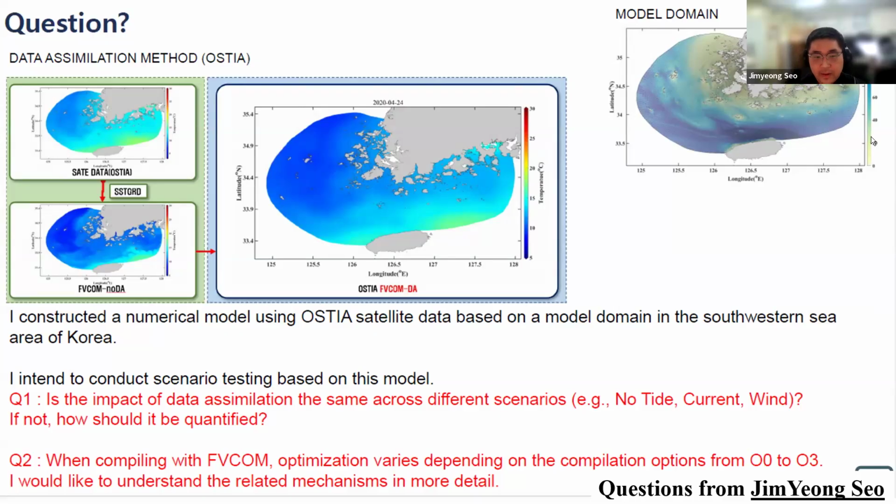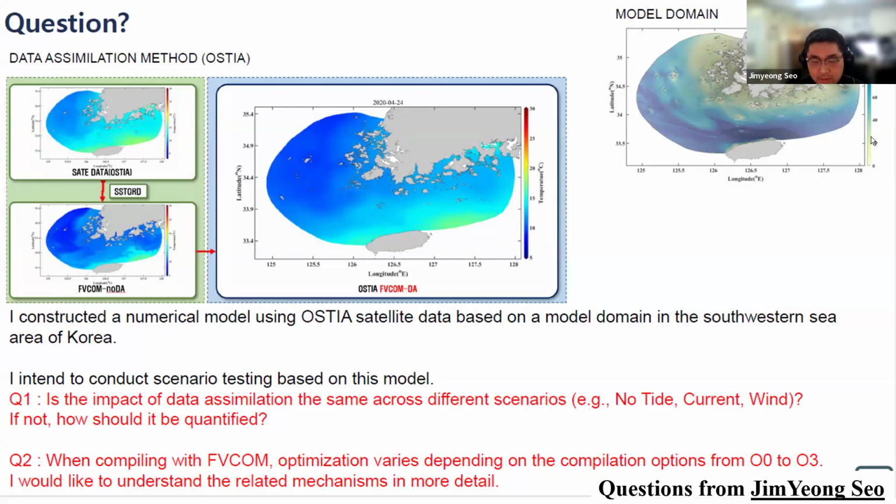So based on this case scenario, I wonder about an analytic method for this scenario. If I make the other scenario without tide forcing or wind forcing, then I wonder whether each scenario's difference is affected only by some variables, like tide or some other variable.